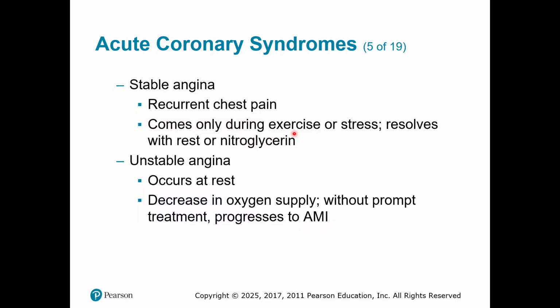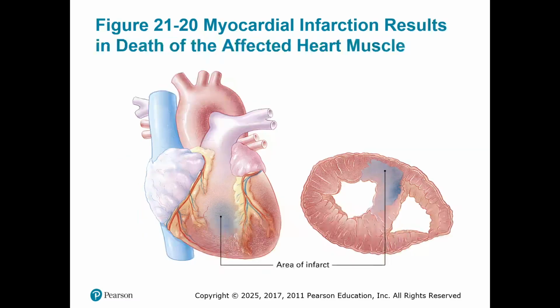This could be called unstable angina, because now, as I'm just hanging out, not walking, not doing exercise, the chest pain happens, and that's why it's unstable, because that coronary artery is getting more blocked, and now it doesn't take as much for that pain to come around. The unstable one can lead to AMI, acute myocardial infarction. That unstable angina can, because you have such a narrowing coronary artery.